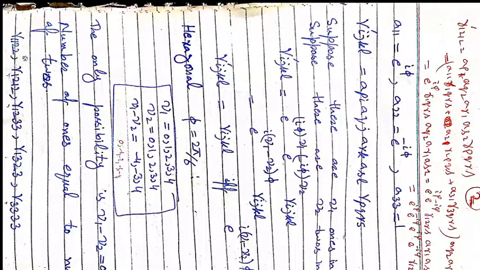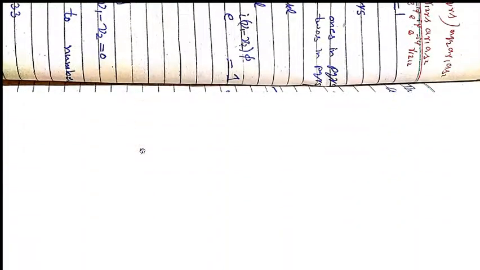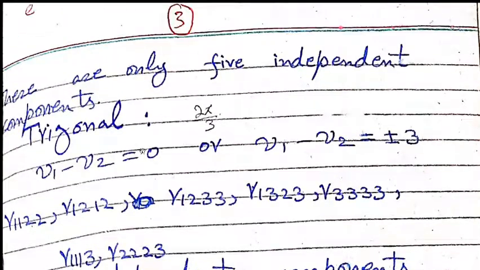In all these components, the number of 1's and the number of 2's are equal. If you try to write any other component, then you will see that the number of 1's and the number of 2's will not be equal in those components. They all are equal to 0. This is for the case of hexagonal. Now it means that there would be 5 independent constants for hexagonal components.